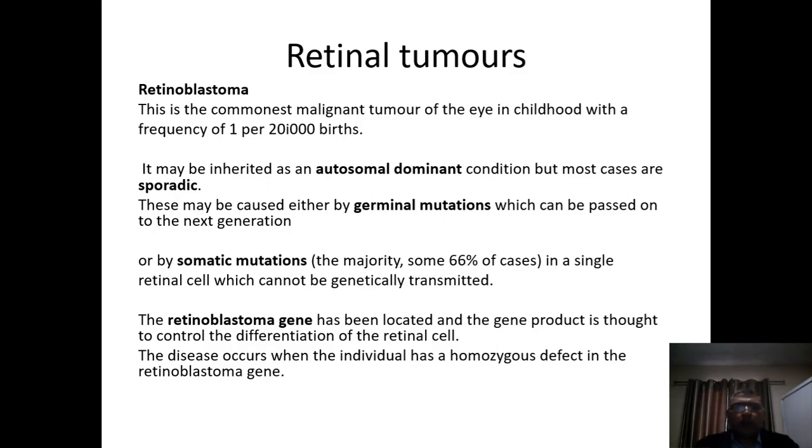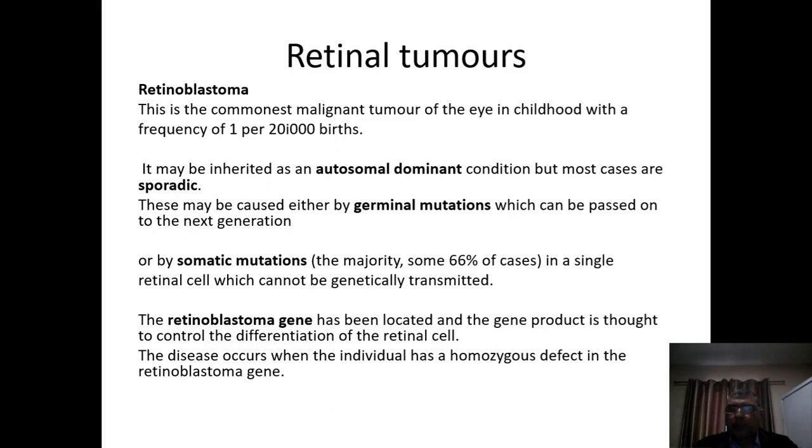The next subject is the retinal tumors. We have retinoblastoma, which is the commonest malignant tumor of the eye in children. Frequency is 1 in 20,000 live births, and it may be inherited as an autosomal dominant. It may be sporadic.